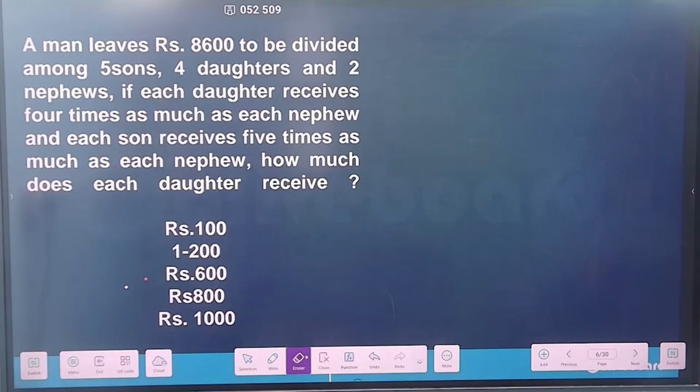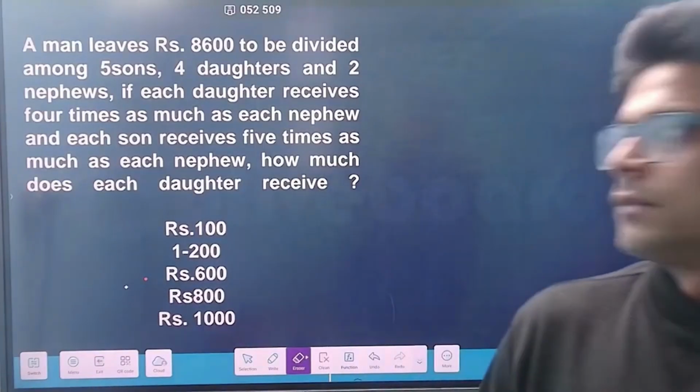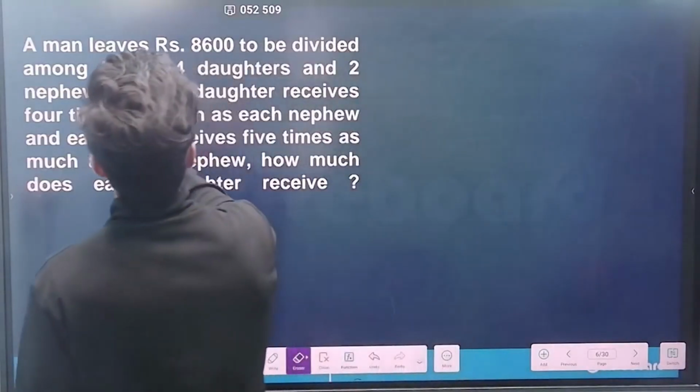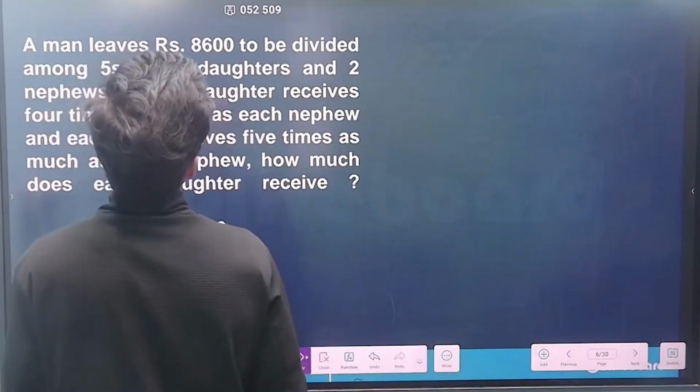A man leaves rupees 8,000 to be divided among 5 sons, 4 daughters, and 2 nephews. Say, is there anyone? So the ratio would be 5, 4, 9 and 2, 11.